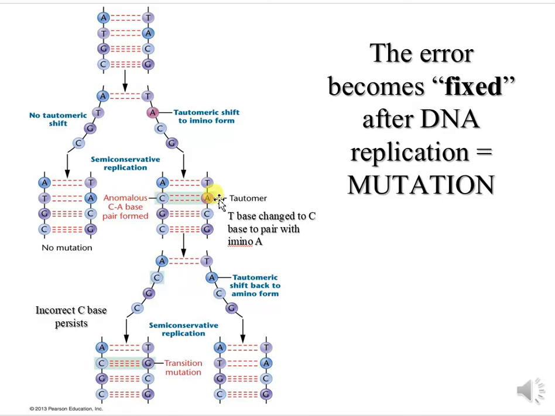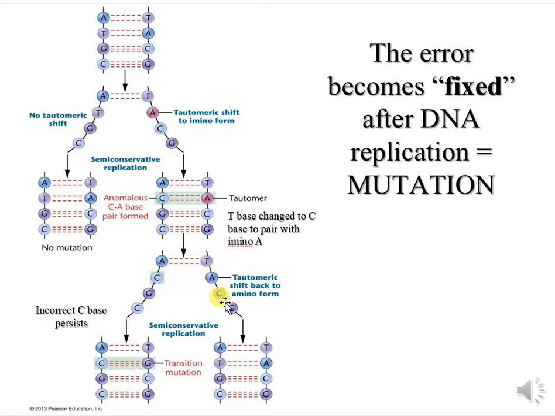So you have this abnormal base pairing due to this abnormal adenine. So you get this double helix. It's going to go through another replication event, right? So the double helix separates by helicase. At this point, your little naughty tautomer decides it's going to switch back to normal. So it switches from its abnormal form, the imino A, to its normal form, amino A, right?